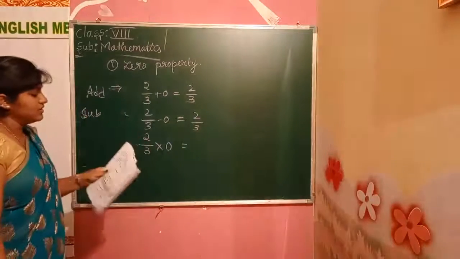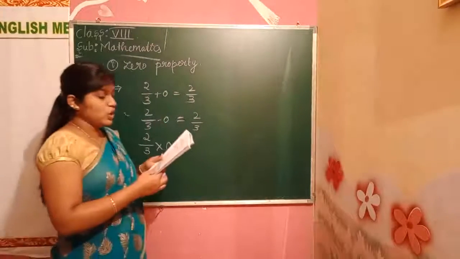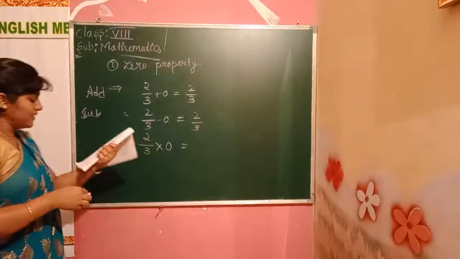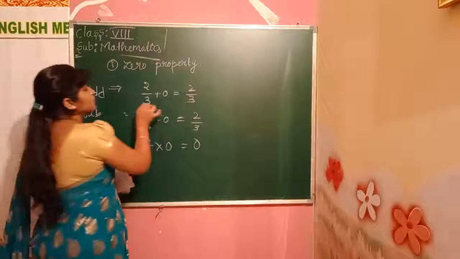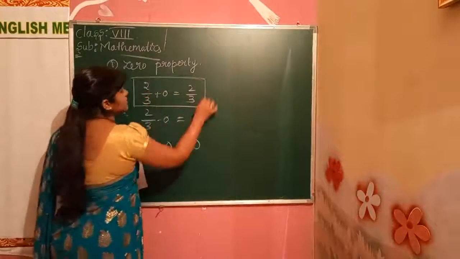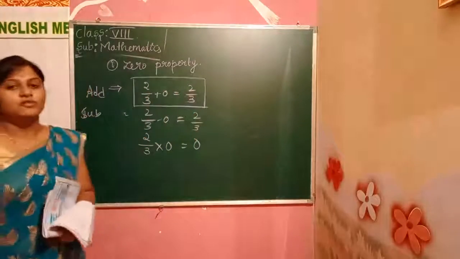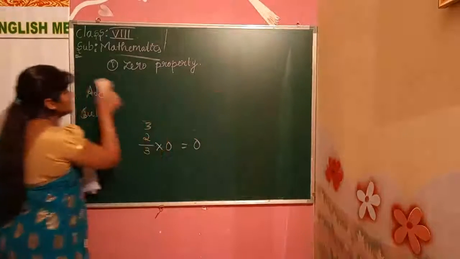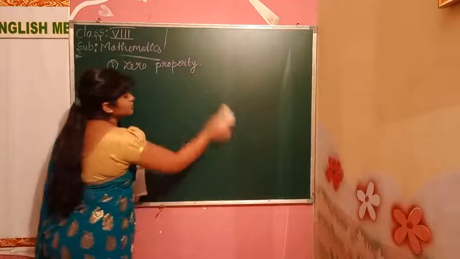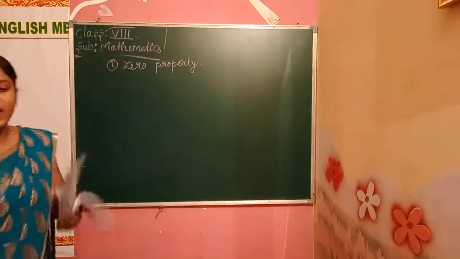When we multiply 0 with any number, we get 0 itself. So, the zero property holds in the rational numbers.